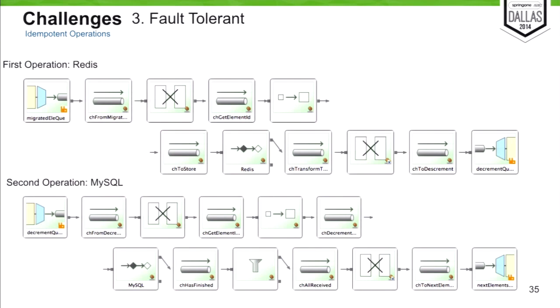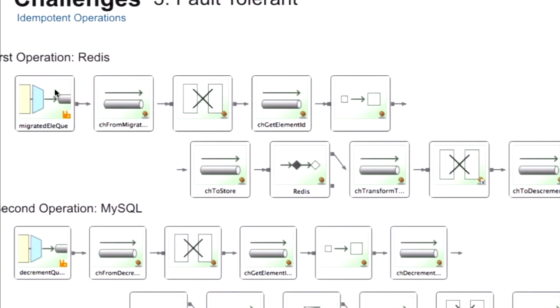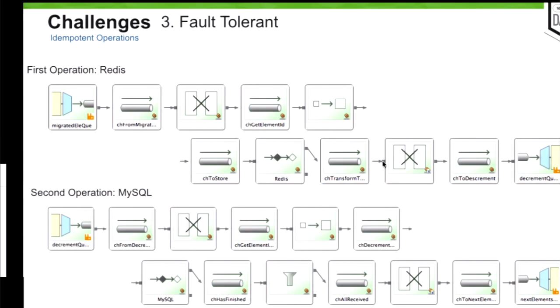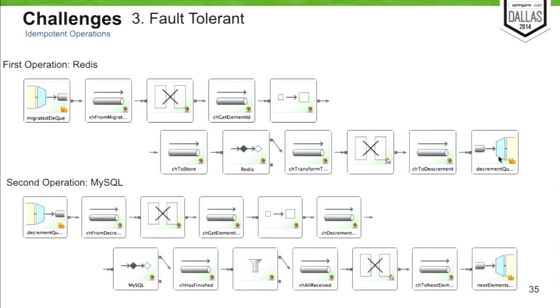But with this solution, every message first arrives here. Then we do the same thing, transform the message, get some information from it, and decrement the counter in Redis. And now we send the message to a new queue.